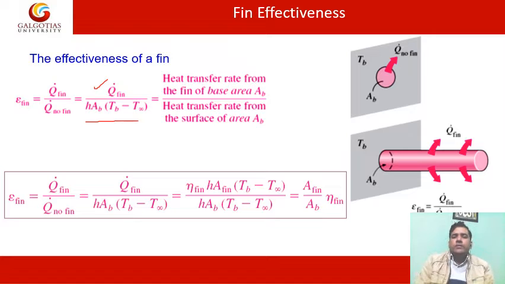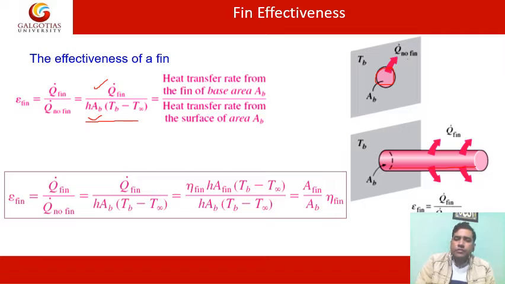And as you can see in this figure, when there was no fin, this is where the fin has to be applied. So from this surface, this much amount of heat could have been transferred, but when we have applied this fin, since the surface area has increased, obviously the heat transfer rate will also increase.